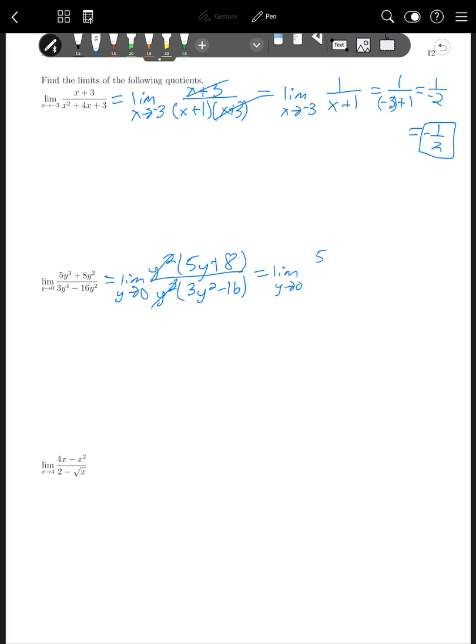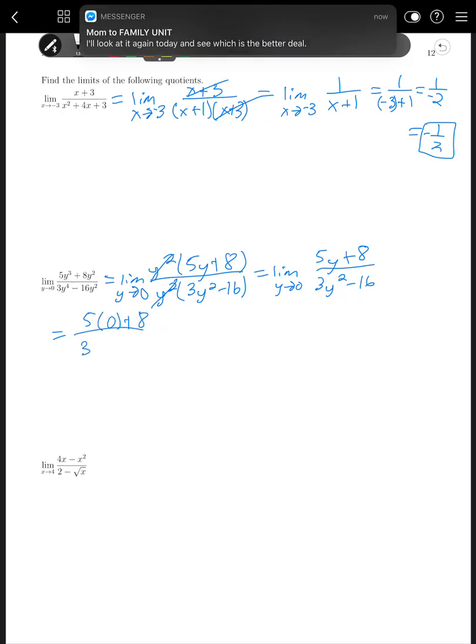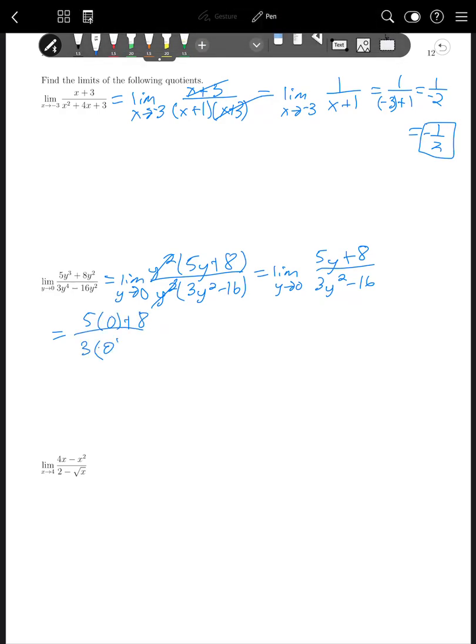And now if I plug in 0 for y, we're okay, because we won't get 0 in the denominator anymore. So that would be (5 times 0 plus 8) over (3 times 0 squared minus 16). So that's 8 over negative 16, which is negative 1/2.